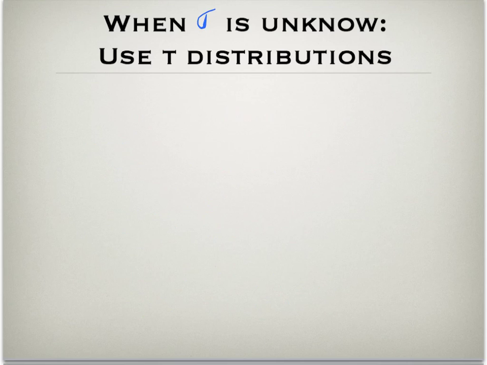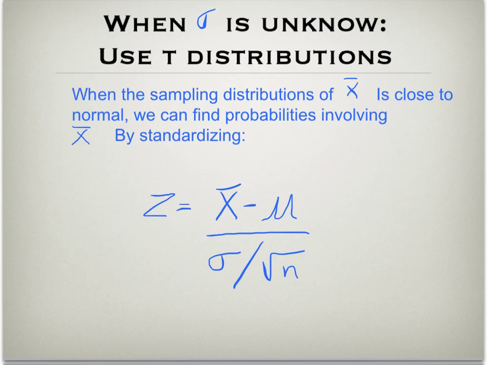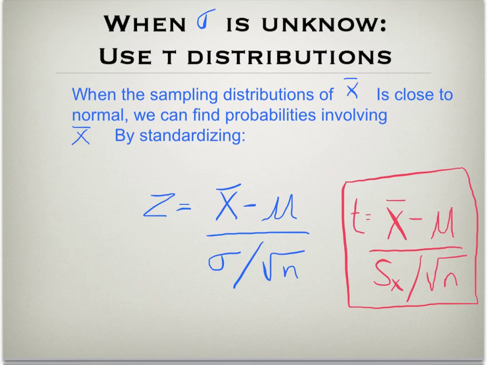When we do not know what the population standard deviation is, we'll use t-distributions. When the sampling distribution of the sample mean is close to normal, we can find probabilities involving the sample mean by standardizing. The z-score equals the sample mean minus the population mean divided by the population standard deviation divided by the square root of the sample size.